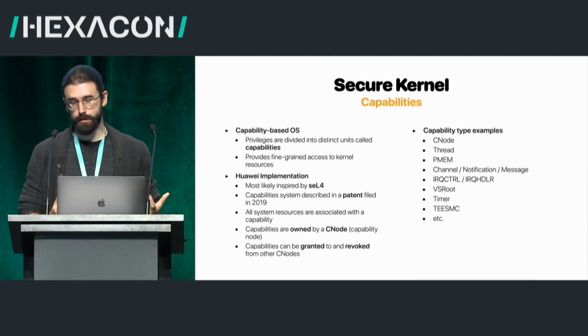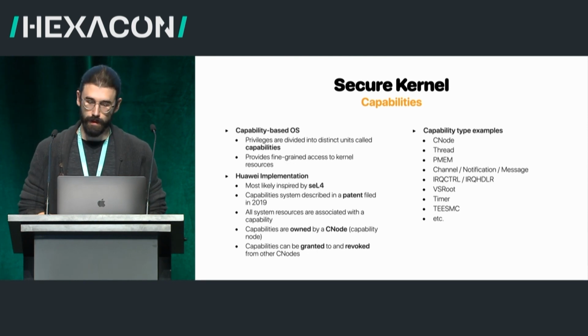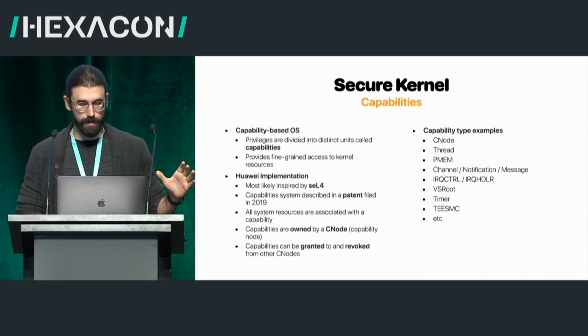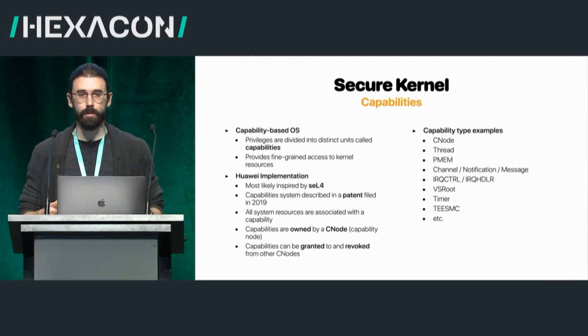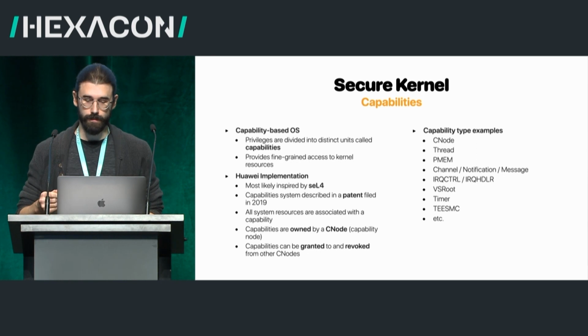So in Huawei's secure kernel, all the system resources are associated with a capability. On the right side, you can see different types of capability that exist. These capabilities are owned by a capability node or a C node, and they can also be granted to and revoked from other C nodes.